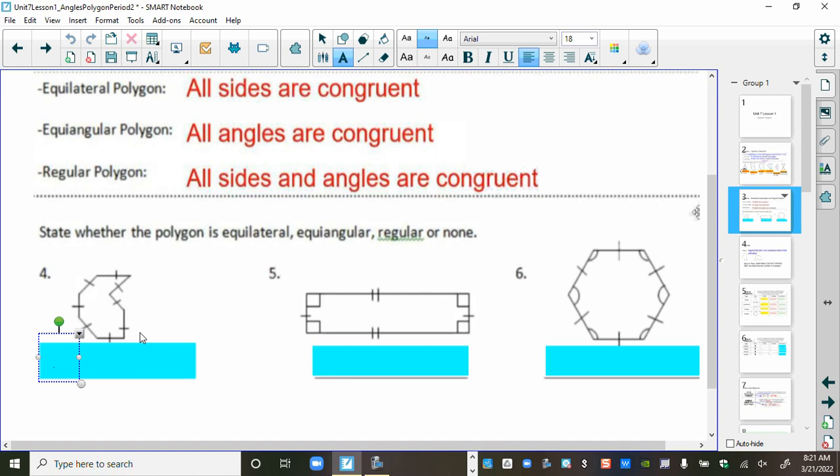All sides are congruent because they have that little dash mark. Anytime you see that dash mark on two or more sides, sides are congruent. So in this case, since all sides are congruent, it's going to be equilateral, the first one.